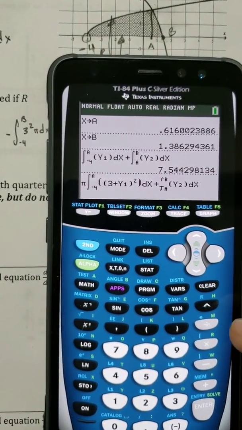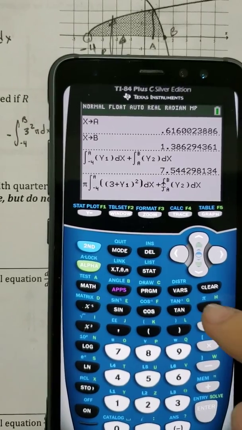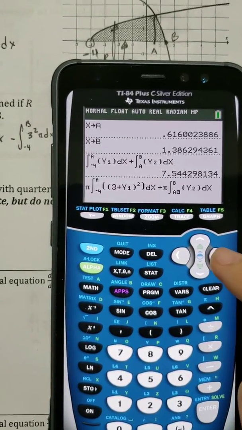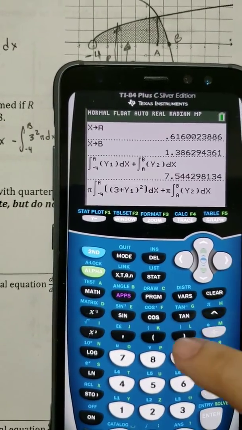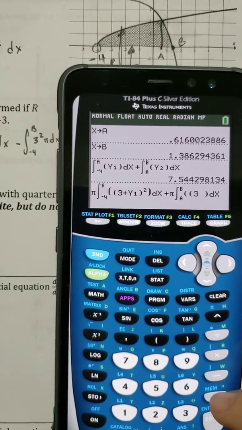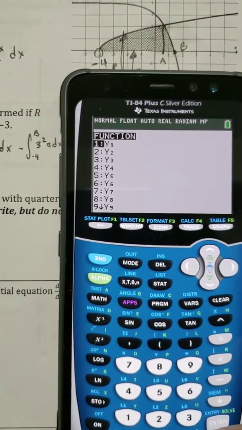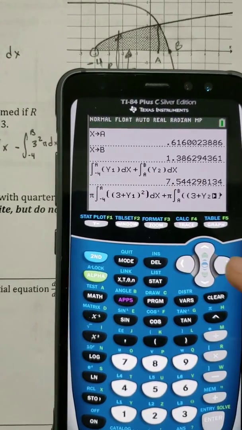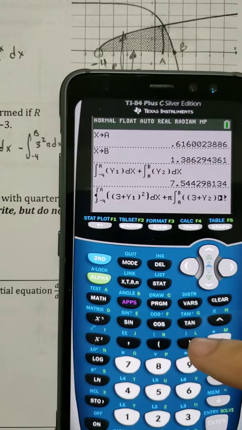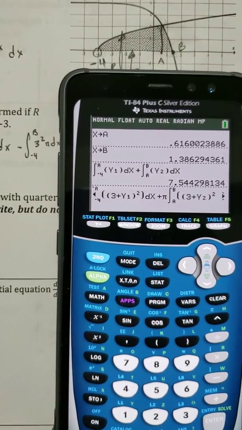Now it's blinking. You see how it's hollow there? I'm going to put pi in front of it. I'm going to do parentheses 3 plus the function y2, and parentheses, I'm going to square that.